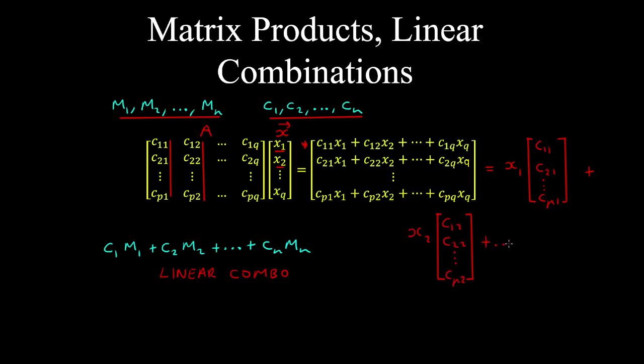And so on, up to xq, multiplied by the final column, which has entries C1q, C2q, and so on, down to CPQ.